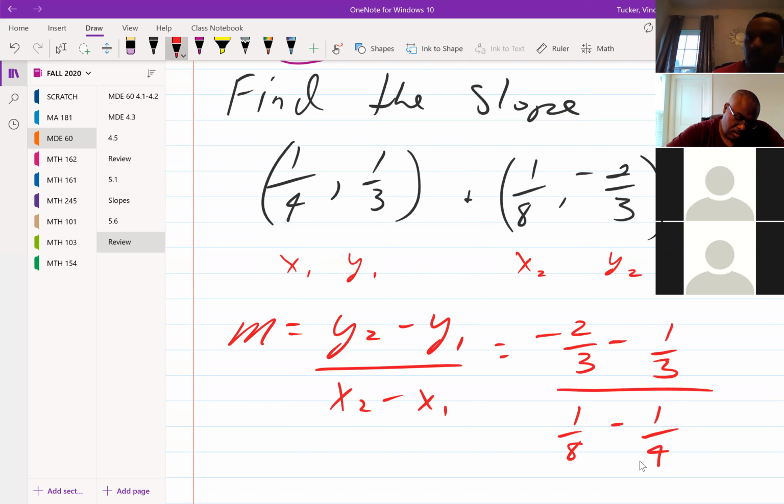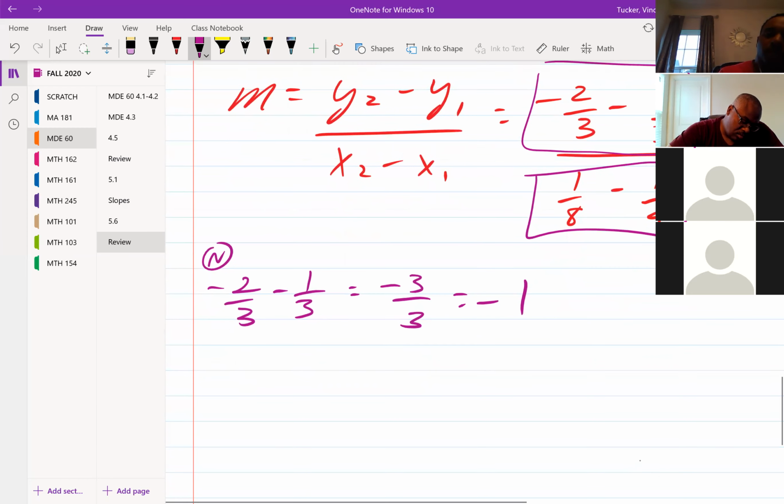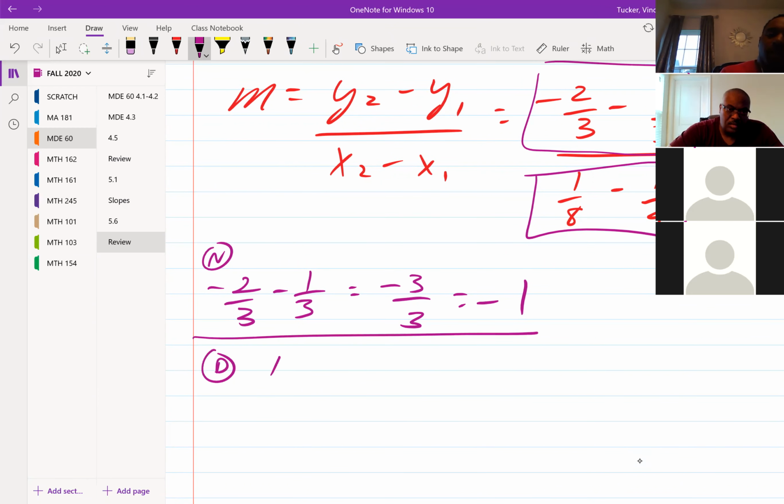For the numerator, -2/3 minus 1/3 is -3/3, which would be -1. For the denominator, don't forget, when adding and subtracting fractions we need a common denominator. For this second set that would be 8. The first set we didn't need it because both were 3.